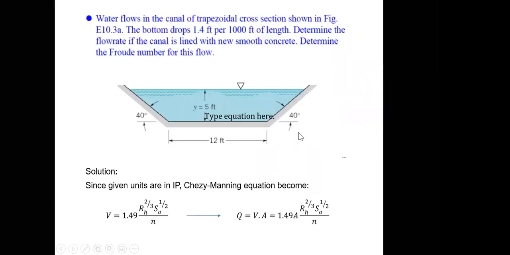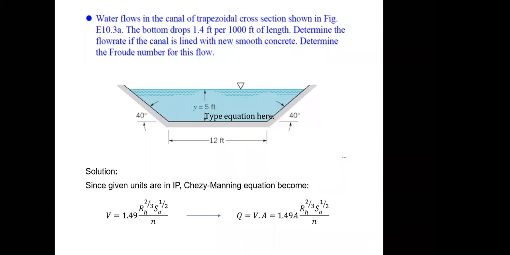Okay, let's try to use it in our case. For example, if we have this kind of channel, a trapezoidal cross section, and the bottom drops 1.4 feet per 1,000 feet of length. So this actually tells you the slope.